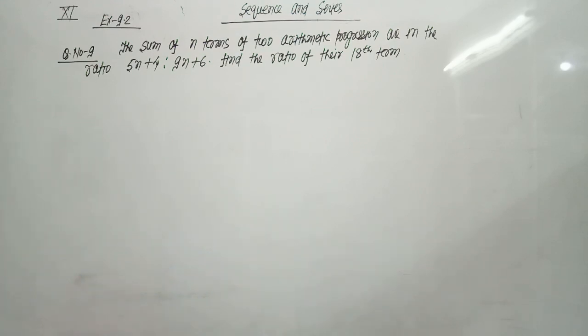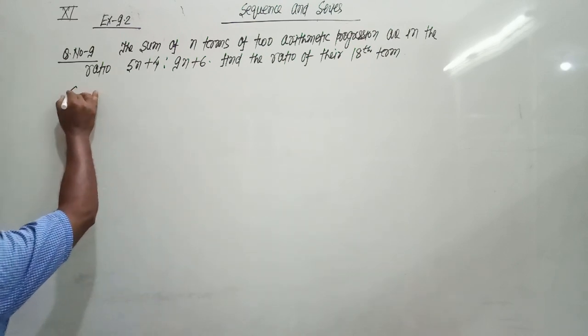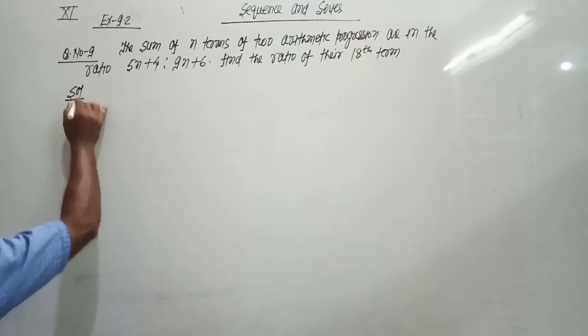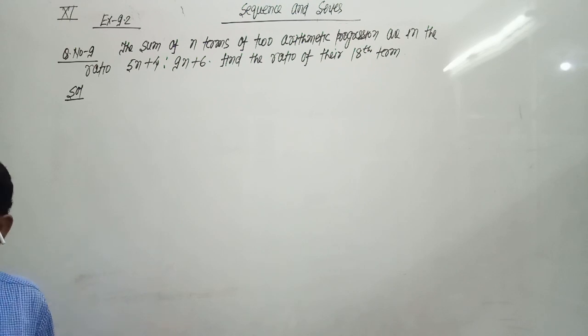So we are given that there are two APs and the sum of n terms of the two APs are in the ratio 5n plus 4 to 9n plus 6, and we have to find the ratio of their 18th term.